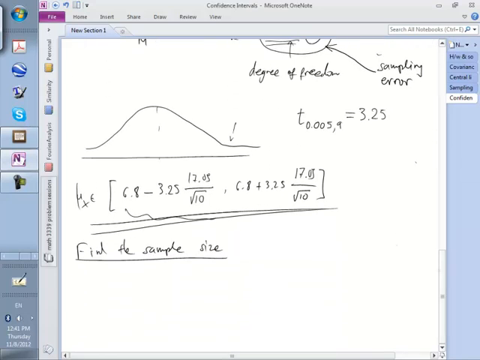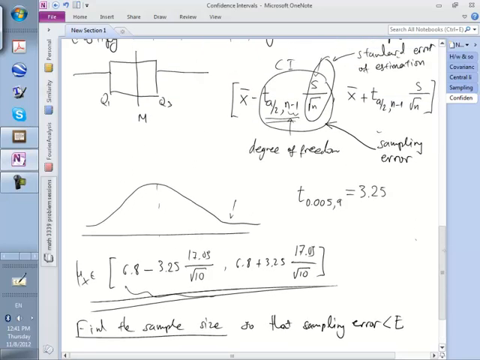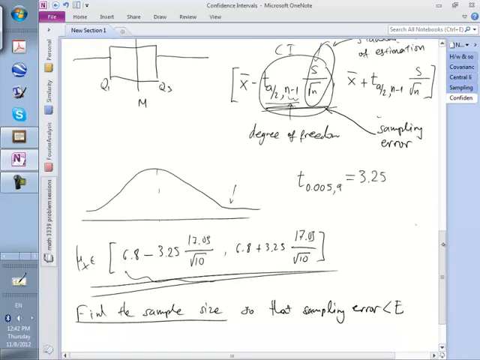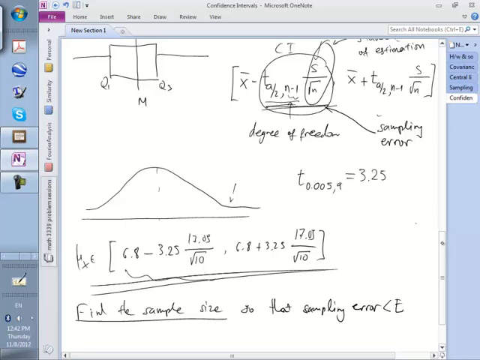Now, if I want to find the sample size so that the sampling error stays less than E, then what is the sampling error? The sampling error is all of this quantity that I have here. So essentially, I have to find out what is N so that all of this thing stays under E.